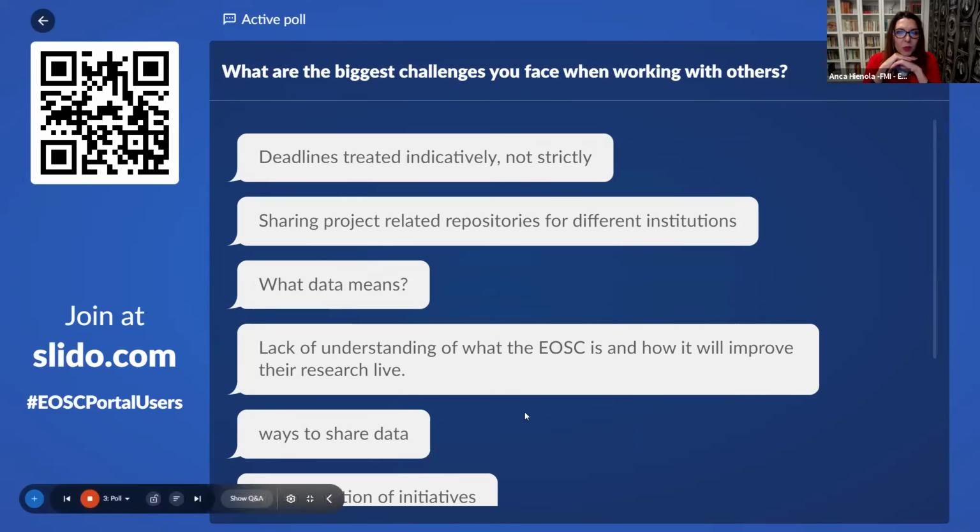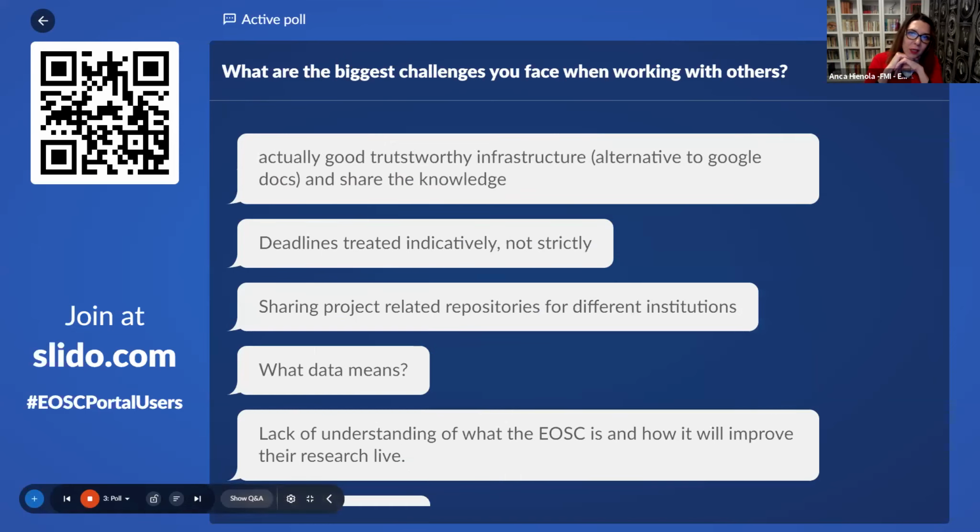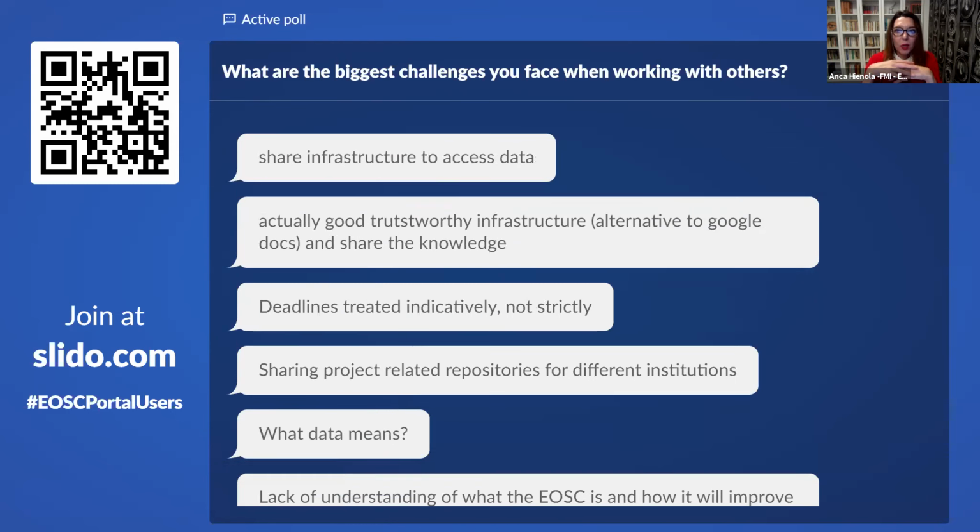I also found quite a lot in our survey. Cultural differences were a problem. In general, the communication. I was very intrigued by the fact that nobody complained that they don't have one project platform where they can do everything.